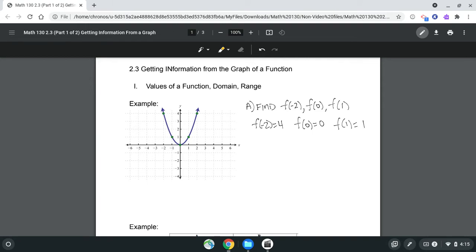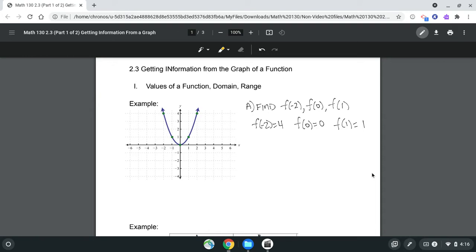That's how you would evaluate a function using its graph. You just go to these x values, -2, 0, and 1, and you find their respective y values. -2, we get 4. 0, we get 0. 1, we get 1.